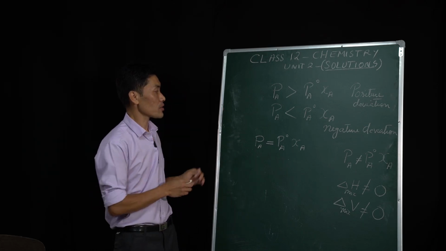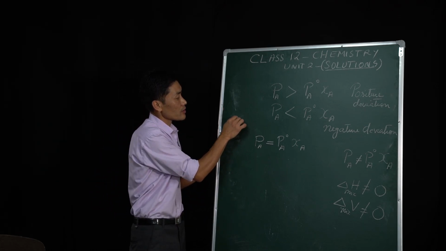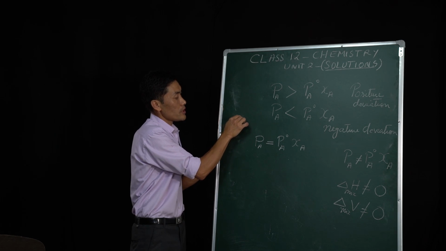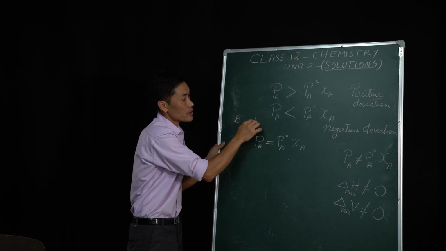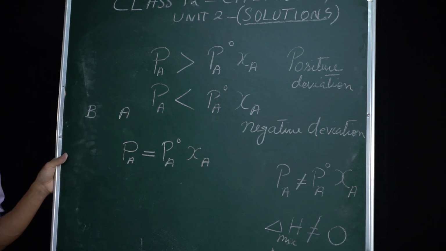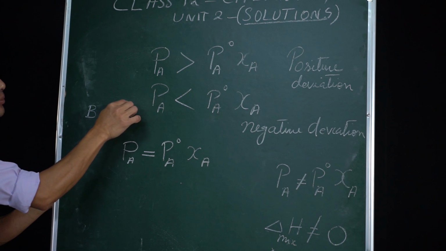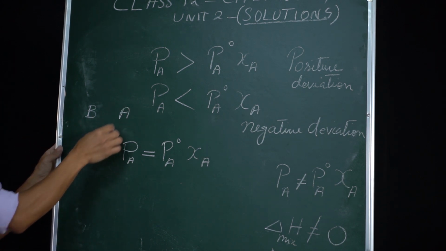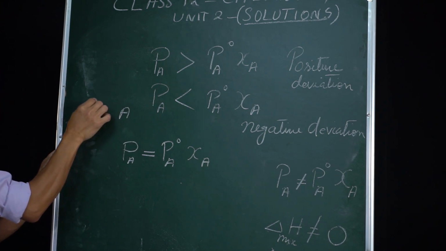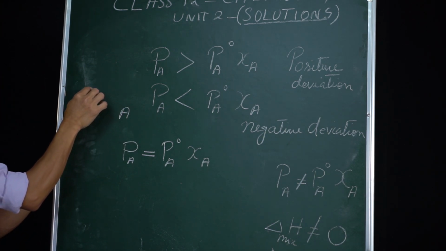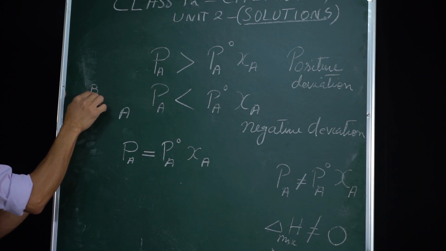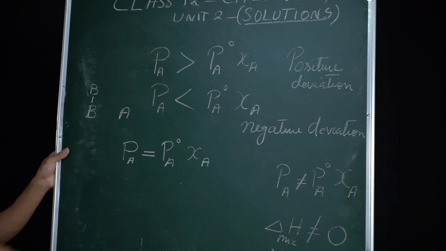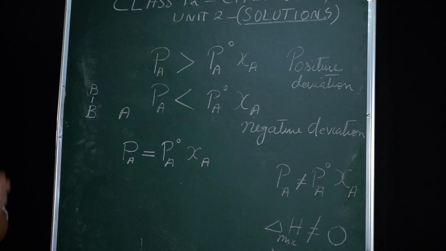Let us take an example of a solution where we have a solute B dissolved in a solvent A. Before we mix these two to make a solution, the solute itself will have its own interactions. Let us take an example to understand this better.